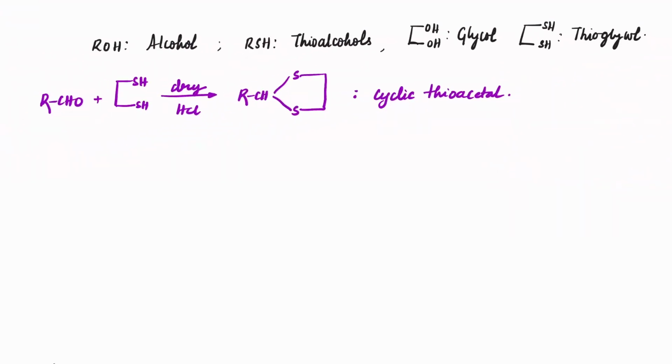So let's do this with an example. Suppose I have CH3CH2C double bond O, plus I use SH and SH this way, in the presence of dry HCl.